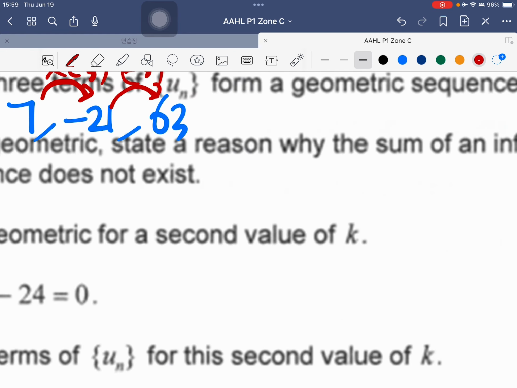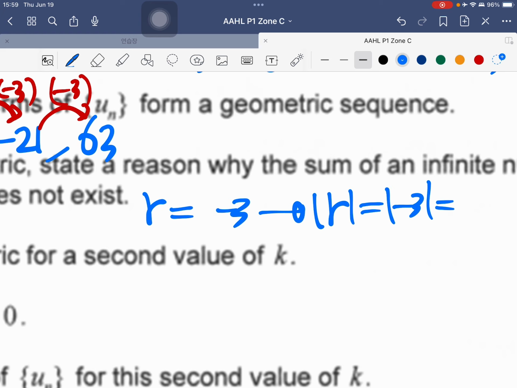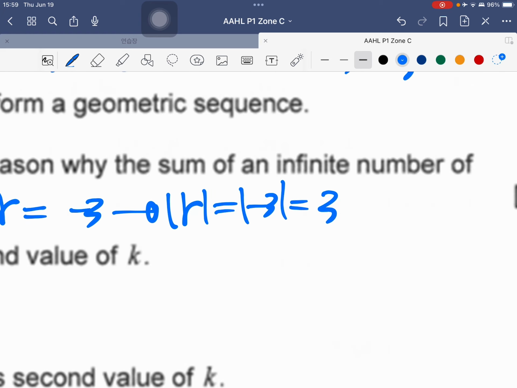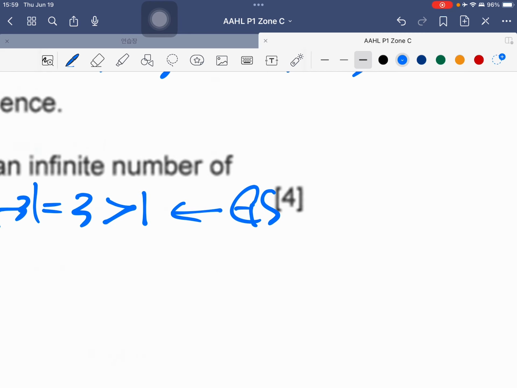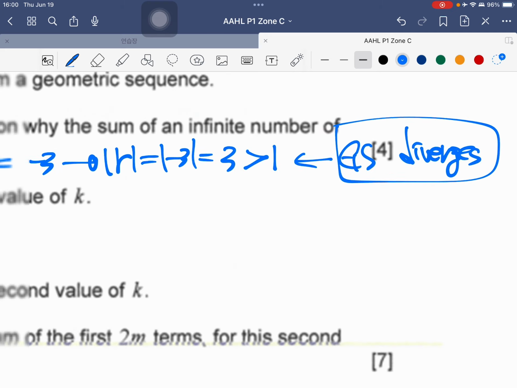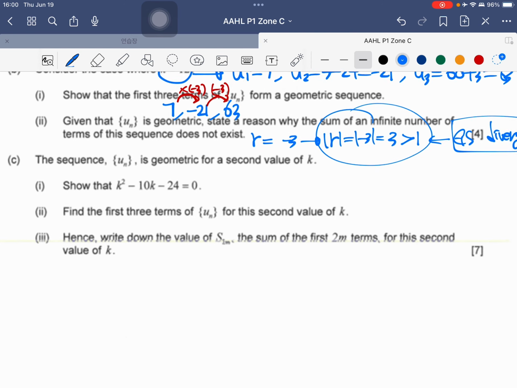Because in this sequence, the ratio equals minus 3, the absolute value of minus 3 is greater than 1, which means that this geometric sequence diverges. So no convergence, because the absolute value of the ratio is greater than 1.